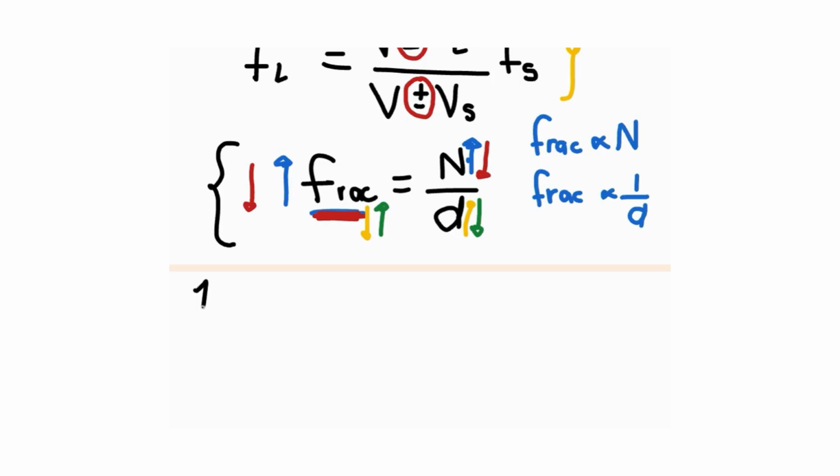Let us say, okay, number one, the listener is moving and the source is stationary. Listener is moving, and it means also the source is stationary.